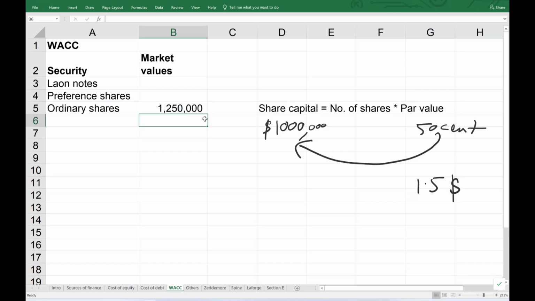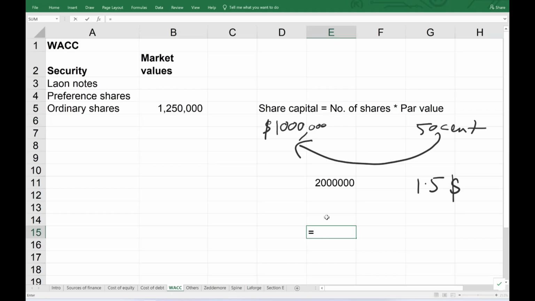He will tell you the share capital value or the book value of shares, which is number of shares multiplied by par value. So find the number of shares first. How? Share capital divided by par value. 1 million divided by par value 50 cents gives 2 million shares.